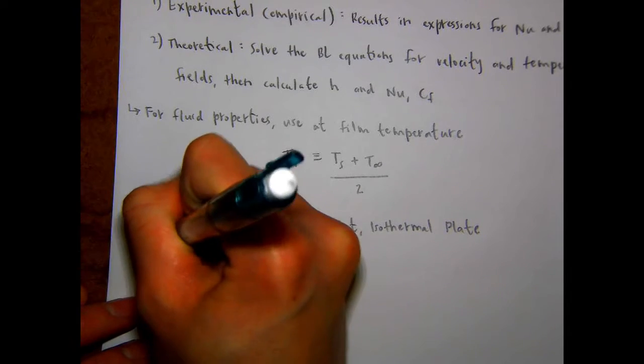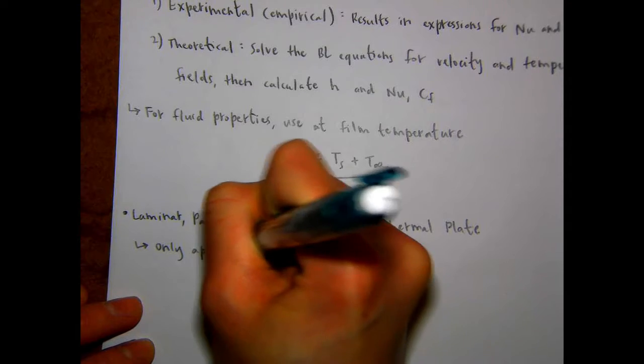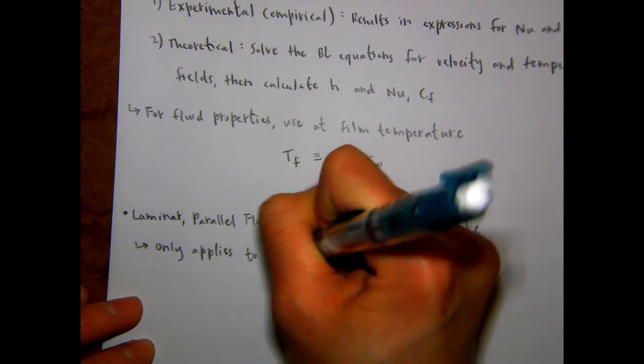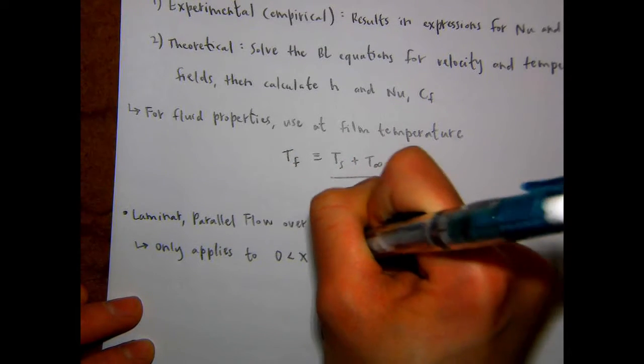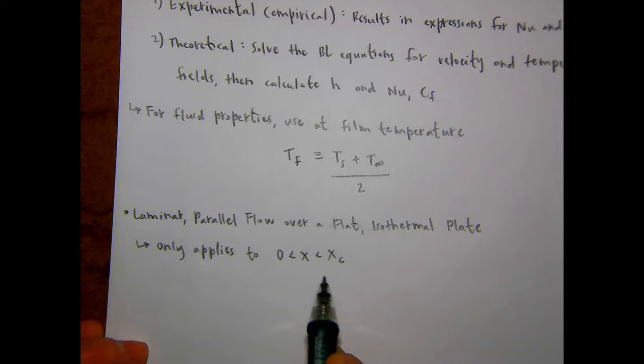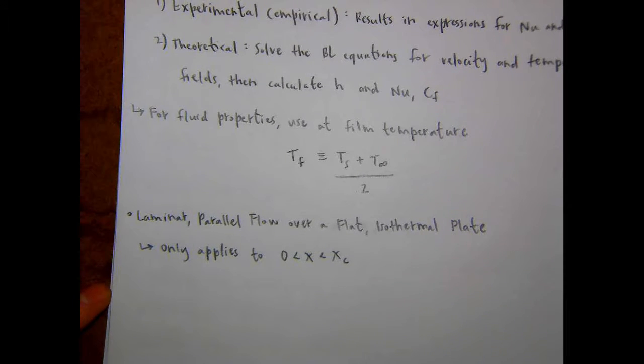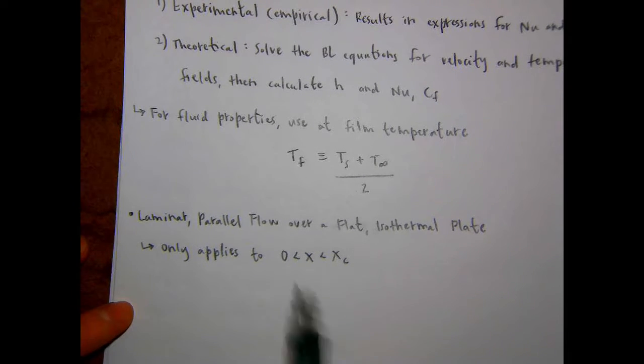So this is going to only apply to the region less than the critical x location. Transition to turbulence occurs at this x sub c, which is determined by that critical Reynolds number, 5 times 10 to the 5th. So the equations that we're going to write down here are only for x less than x sub c.